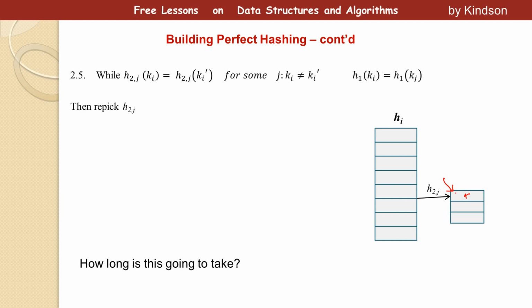And eventually there is a collision in the second level table, so you just rehash this one.